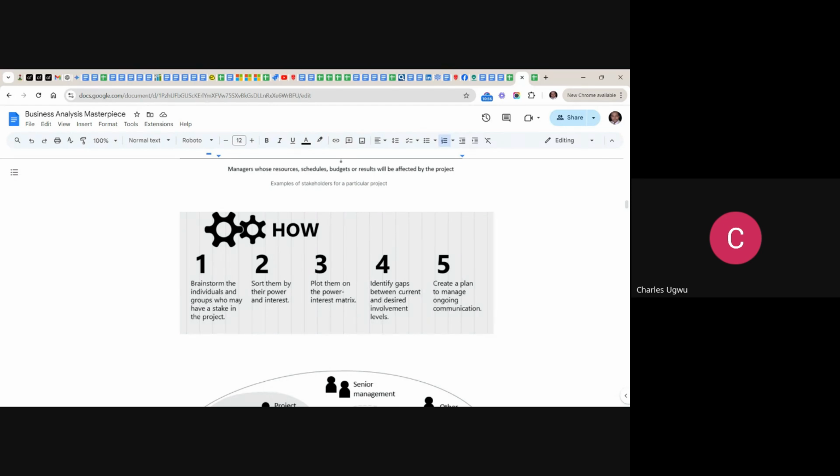Like you can see here, we have a pool of stakeholders within the organization and the project. So within this kind of individuals, brainstorm who might be individuals or groups who may have a stake in your project. You need to do that. Identify those who have a stake.